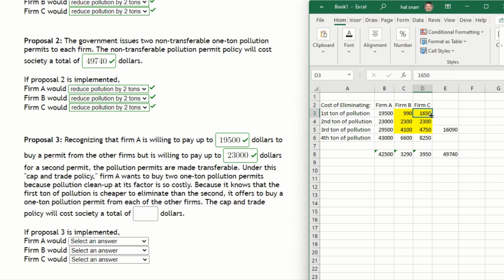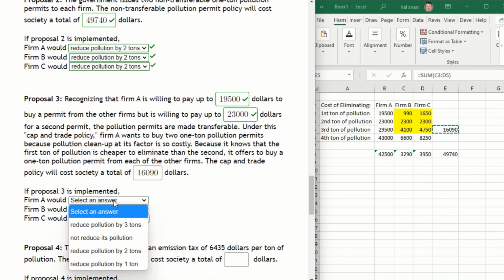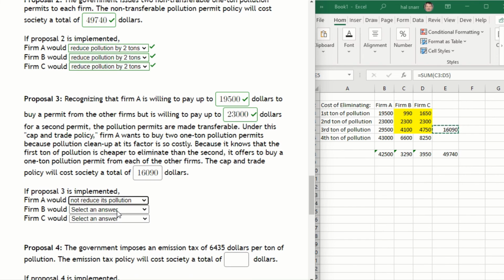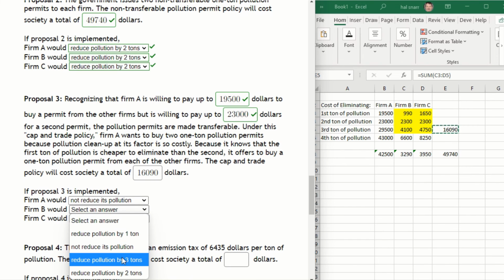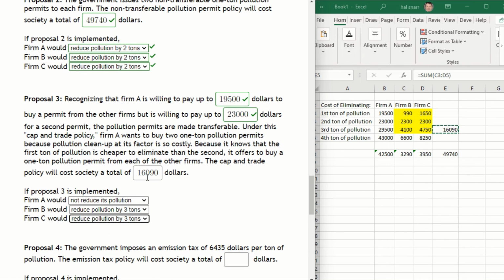Firm C, the same thing. So we just add up those 6 values, and that's the cost to society. So firm A would not reduce its pollution. Firm B reduces by 3 tons, and firm C reduces by 3 tons.